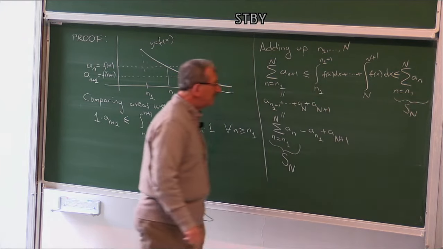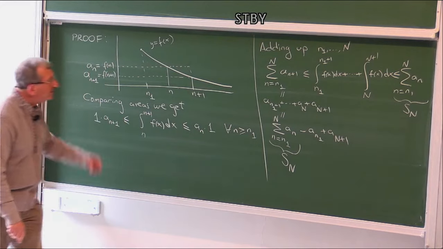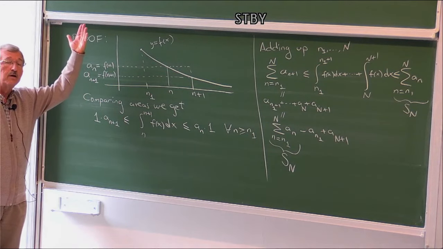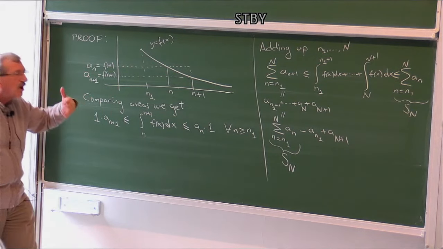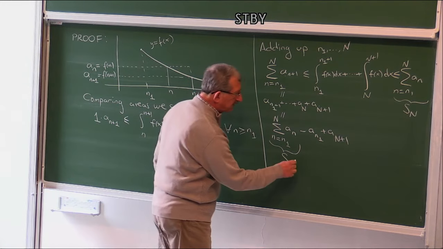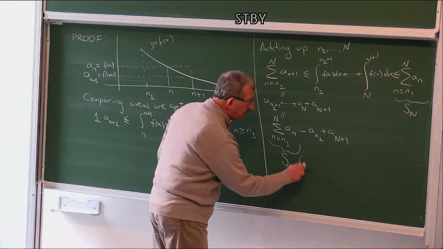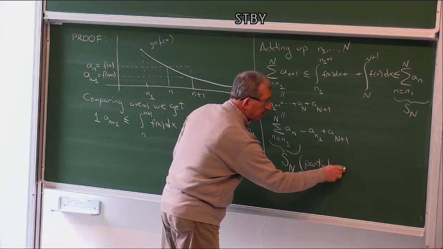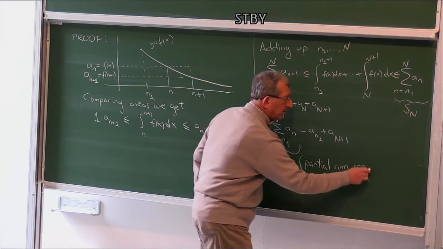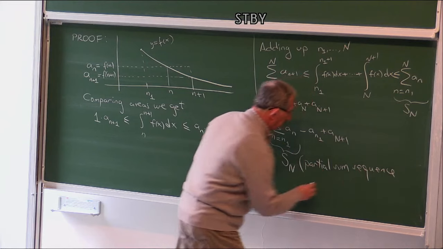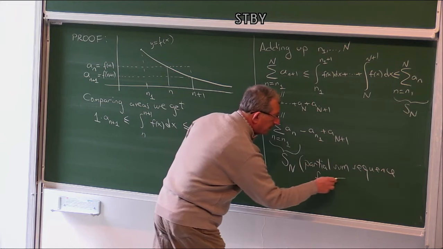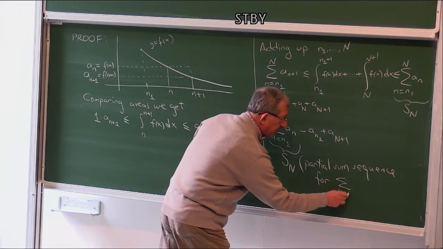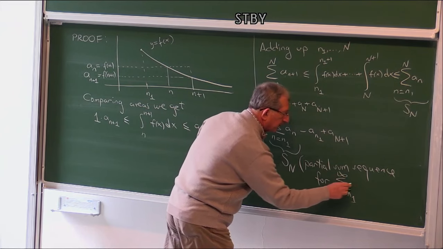Note that it's not the Sn of the given series, the original one, but the one starting from n1. This is Sn, which is the partial sum sequence for the series from n1 to infinity.